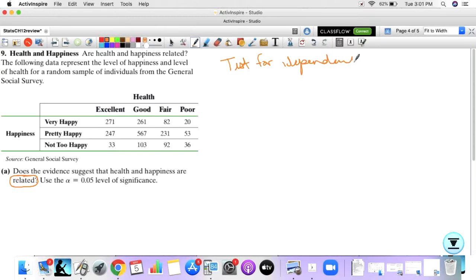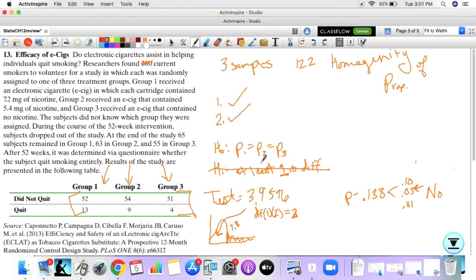And again, that's going to be the same keystrokes we just did, but our null and our alternative are definitely set up differently. Our 2 assumptions that we like to check first have to do with our expected values, and we're going to get those from our calculator afterwards. So instead, we'll hop right into our null and our alternative. This is where it varies very much from the previous example. When we did this problem here, our null is that they're all the same, and our alternative is that at least one is different.